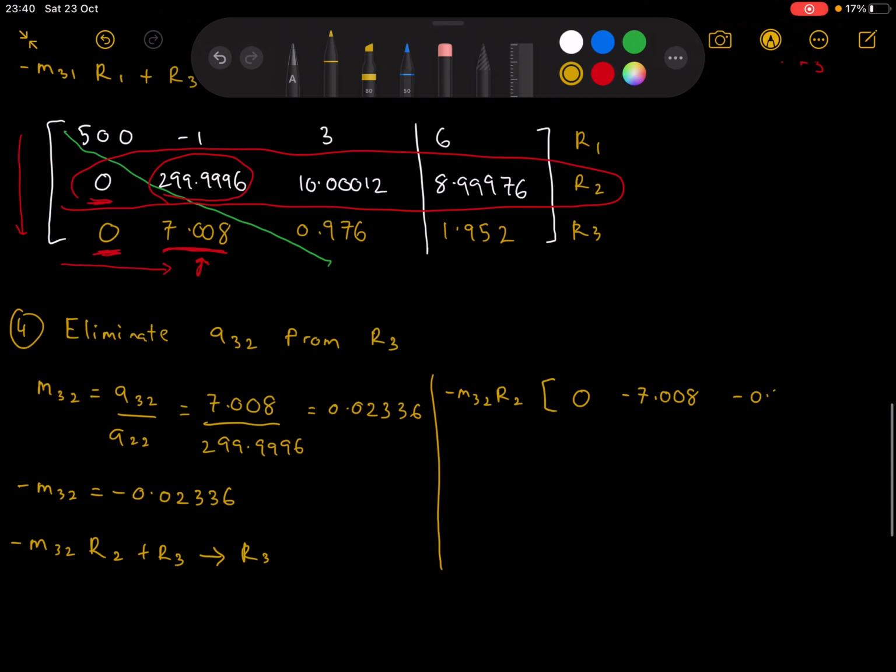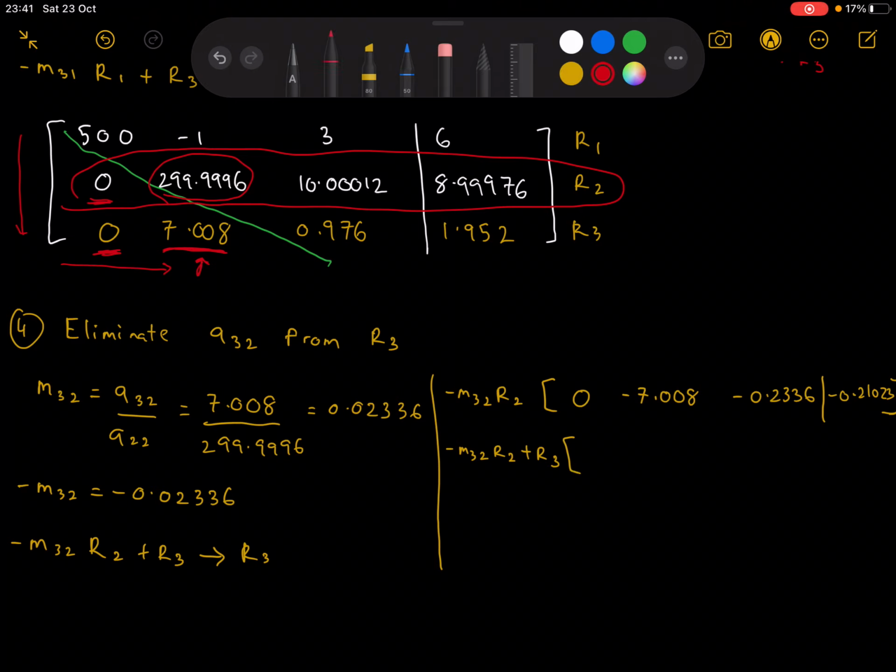Negative 0.2336. And the last one, negative 0.02336 multiplied by 8.99976. We get negative 0.21023. Okay, so negative M32 R2 plus R3.